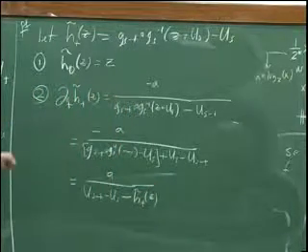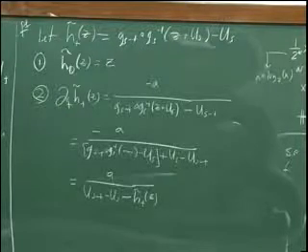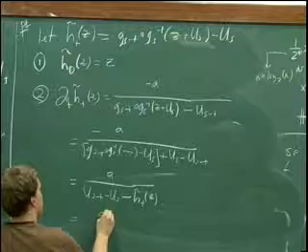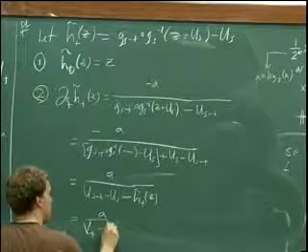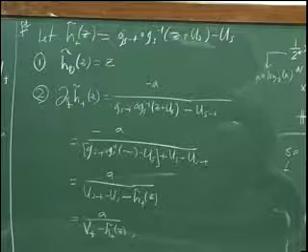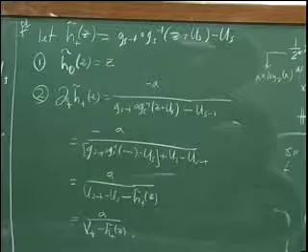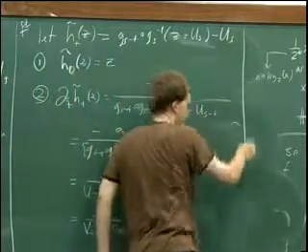Lo and behold, this is our driving function v sub t. So it equals a over v sub t minus h sub t tilde of z. It's the exact same equation that our reverse flow satisfied, and so this is exactly the relationship between the forward flow and the reverse flow.